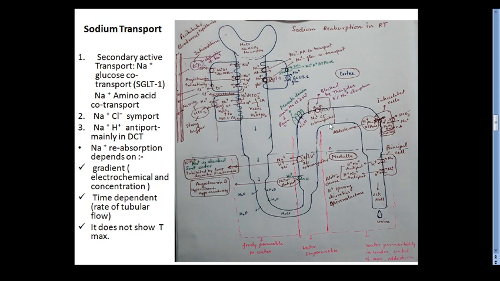Then the sodium chloride co-transporter in the early part of the DCT: over here 5% of the sodium gets reabsorbed, and the rest 5% gets reabsorbed into the principal cells of the renal tubules in the collecting duct. So almost less than 1% of the sodium ion is left in the renal tubular fluid, and it gets combined with the chloride ion, and in the form of sodium chloride it gets excreted out into the urine.